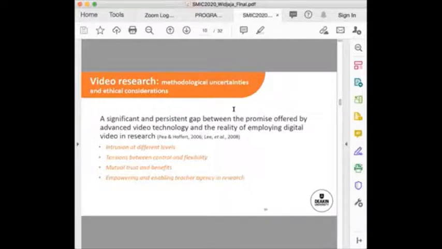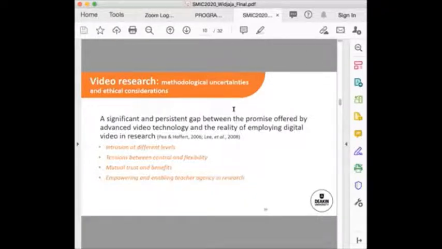That's why, when students are doing their research in the classroom and use video to capture the data, we always recommend them to do a few recordings prior to the start of the data collection, to make sure that the students are used to the presence of video and the researchers, to minimize the impact of the intrusion on the quality of the data collection.